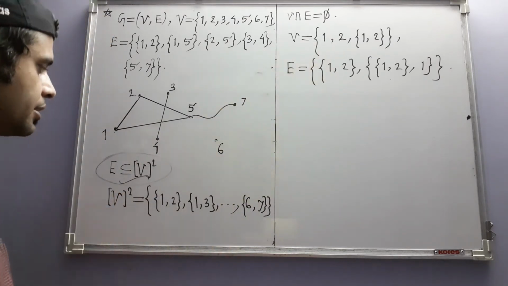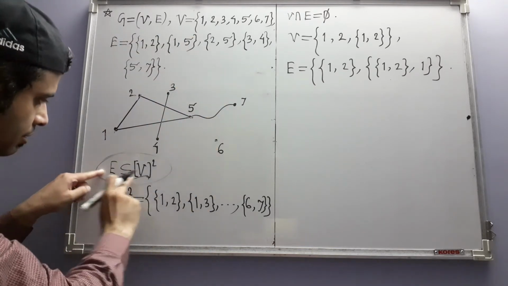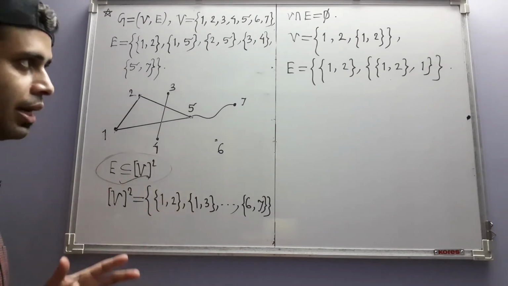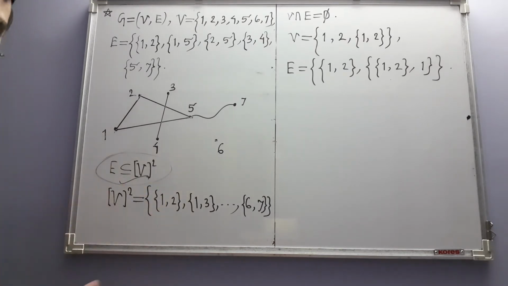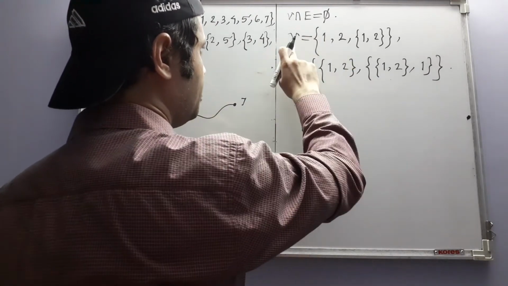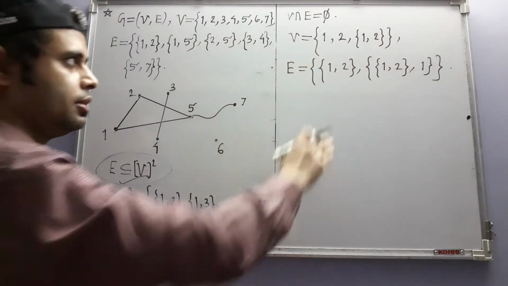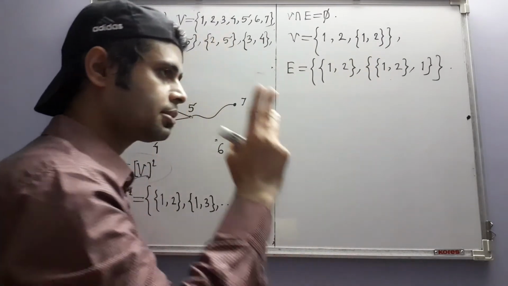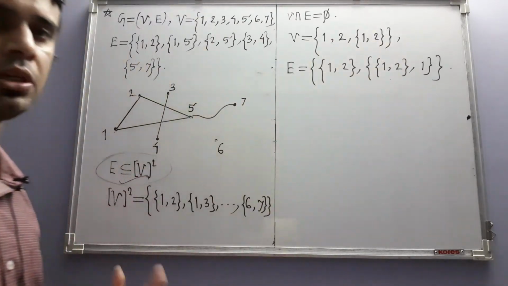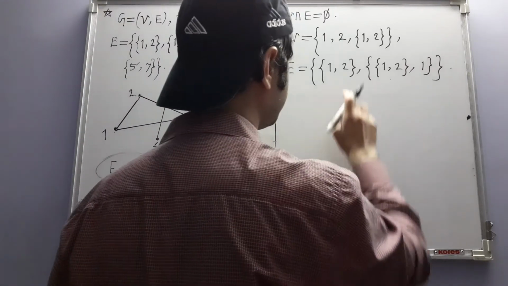We haven't restricted the sets V and E in any way other than the fact that they have to satisfy this relation. In fact, V can be the empty set also. We will discuss that, but let's first see this. So this is a legitimate set according to set theory, which has 3 elements. One of the elements is itself a set, but we do not bother about it. They can be any sort of objects.